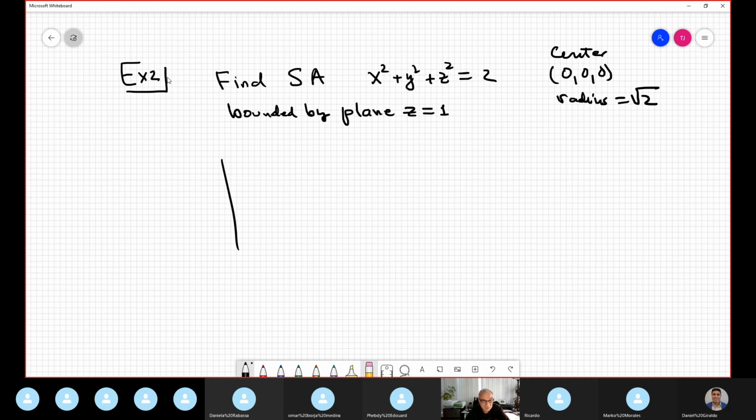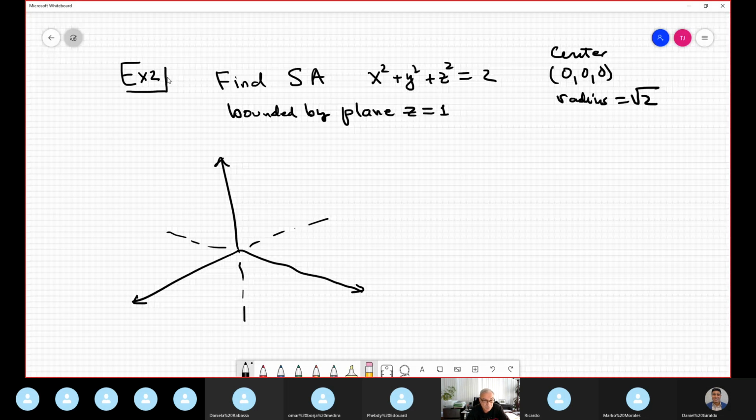Let me try to understand this. Okay, remember the geometric interpretation is important because I need to know at least the shape of the surface I want to compute the surface area of. Now we have a sphere, a 3D picture.